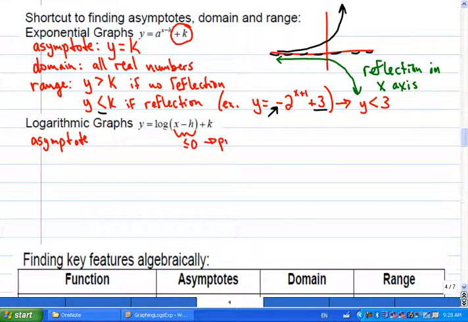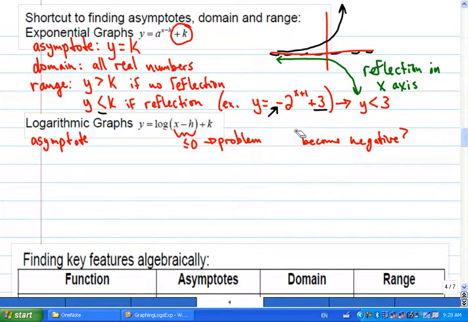We'd have a problem, because the exponential graph has to be bigger than 0 here. There's no way to make a number like, say, 2 to the x become negative. It doesn't happen. So if we can't get a negative number out, we can't put a negative in for the log. It won't happen.